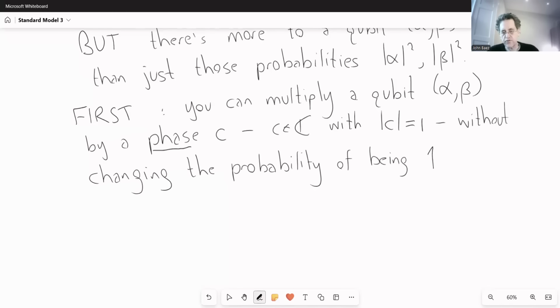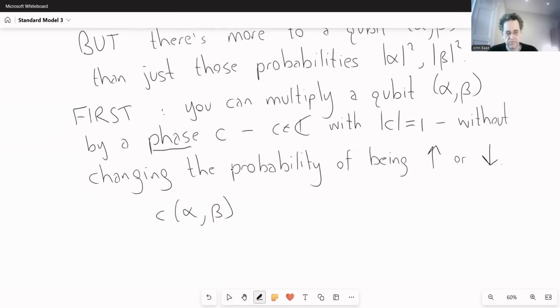So this is proof that there's more to the qubit than just those probabilities. Let's see how that works. I'll take my qubit here, alpha, beta, and I'll multiply it by this phase. Hopefully you've studied a bit of vector math and you know how to multiply a vector by a scalar.